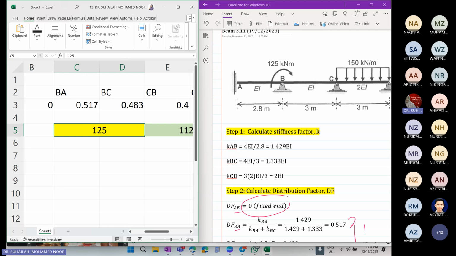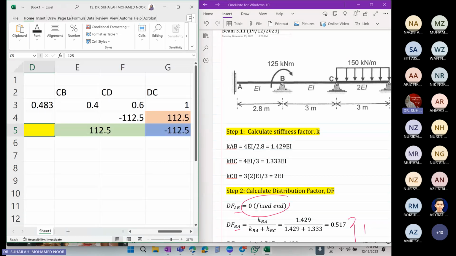It is already joint moment, so we don't have to change sign. So 112.5 is joint moment at C. We get it from fixed end moment, that is why it is positive. Fixed end moment is member end moment, 112.5 and positive. And for joint D, we get the joint moment from FEM, so it is opposite. It is negative 112.5.